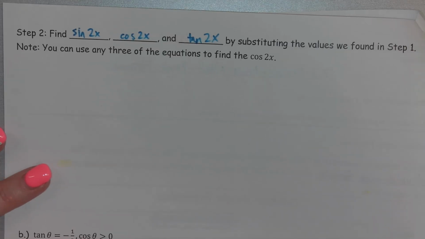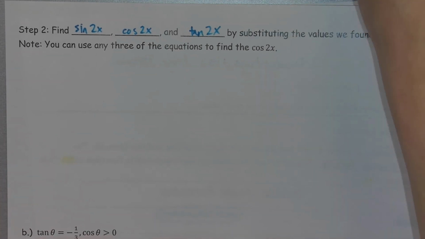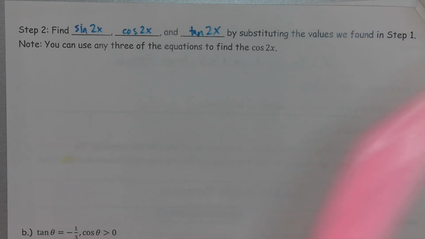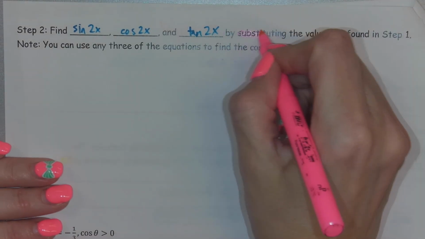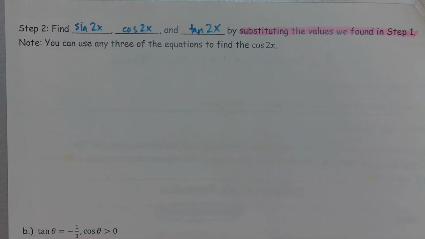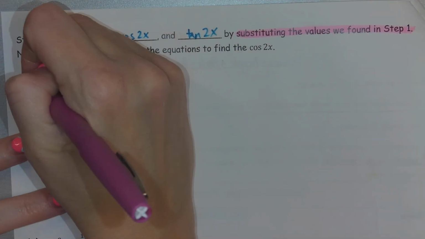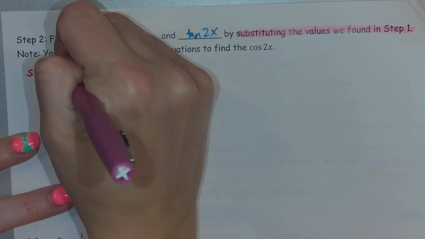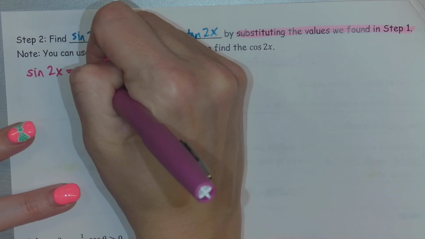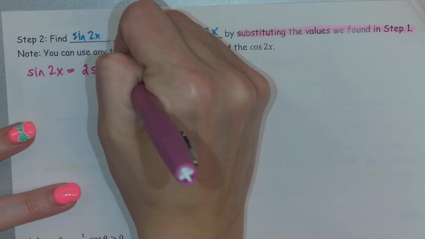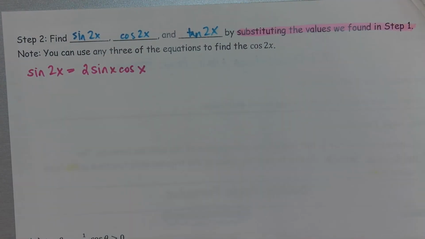To find those, we're just going to substitute the values that we found in step 1. This is our double angle for sine.